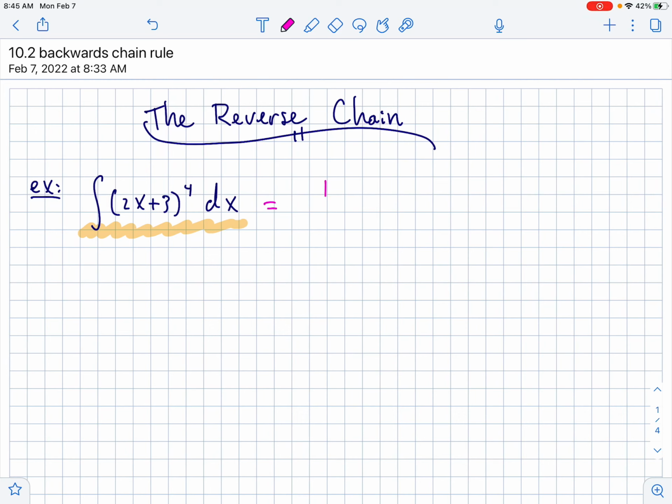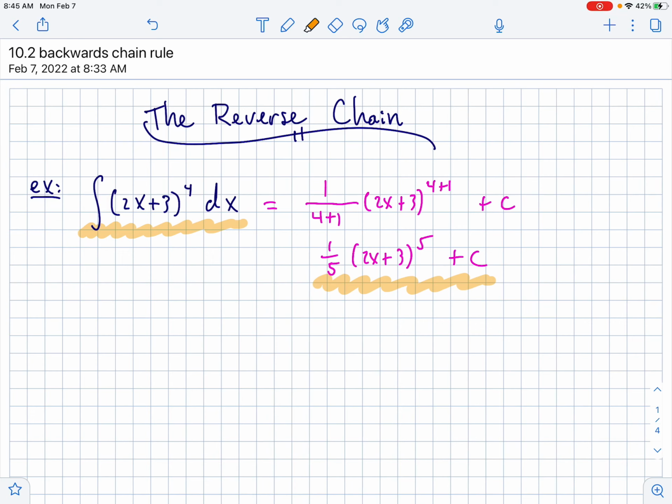So we've been saying that this would be 1 over 4 plus 1, and then 2x plus 3 to the power of 4 plus 1 plus c. So this will give us 1/5 (2x plus 3) to the power of 5 plus c. Now, if this rule works, we should be able to take the derivative of this and get the original function.